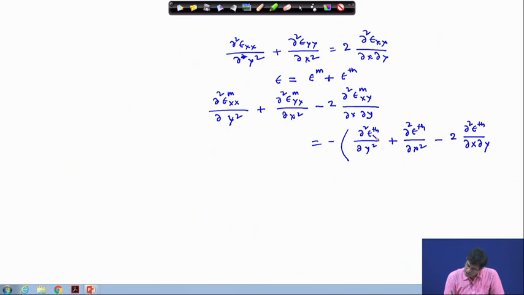So, this is epsilon xx, epsilon yy and this is epsilon xy. Now, this equation you can modify if we know the thermal strain.